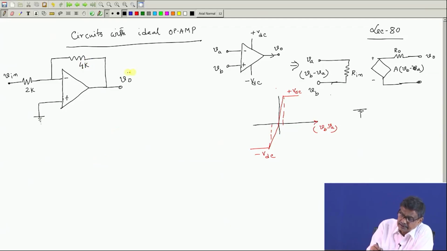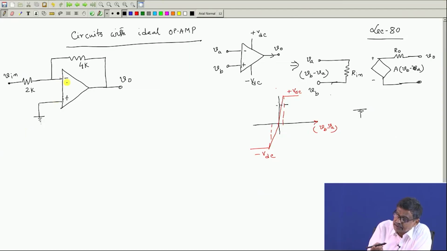Now, if it is ideal, then V naught will be in this range. V naught is not negligible, it will be quite large, but to get that V naught in this linear zone you require very little voltage across these two terminals. I neglect that.